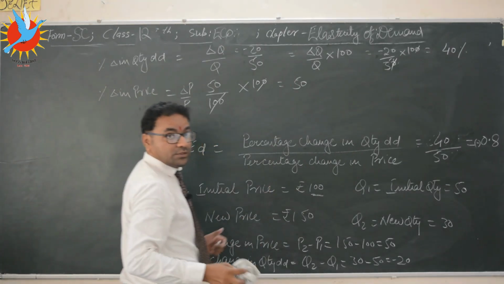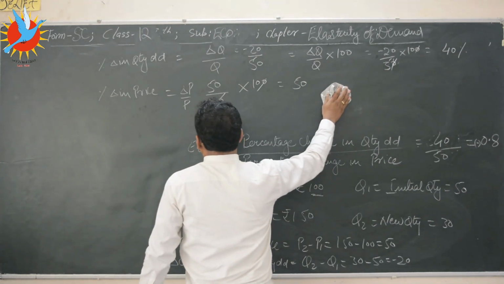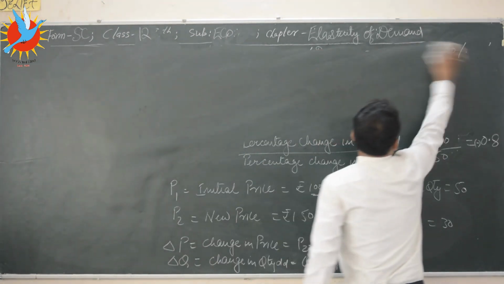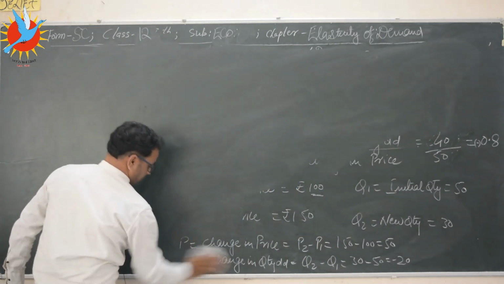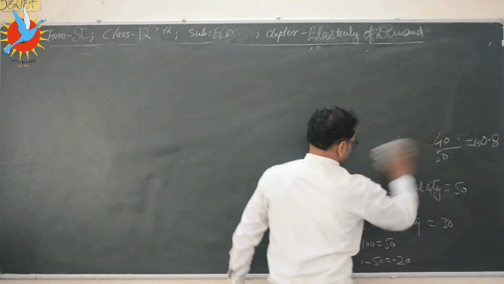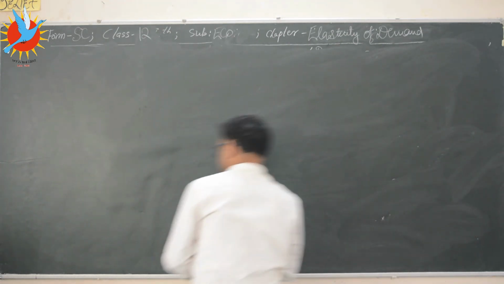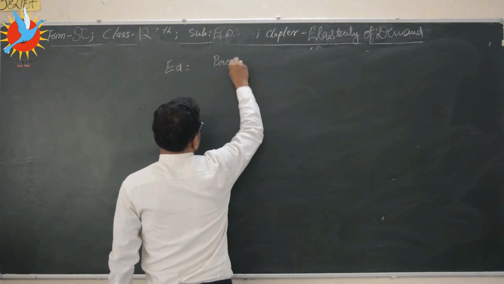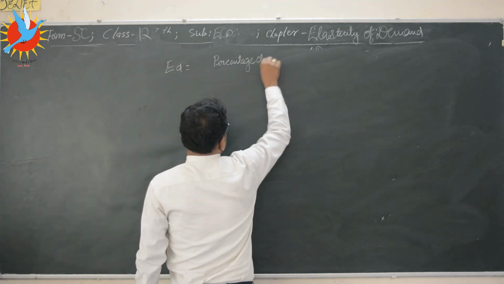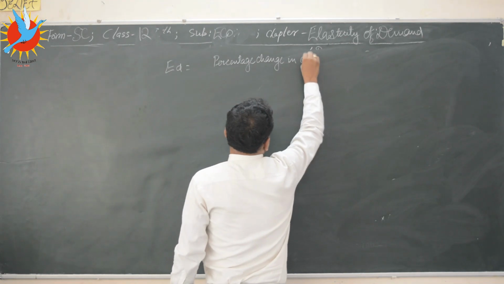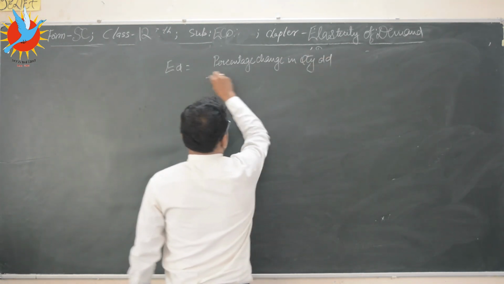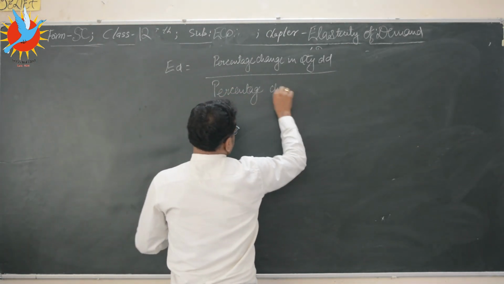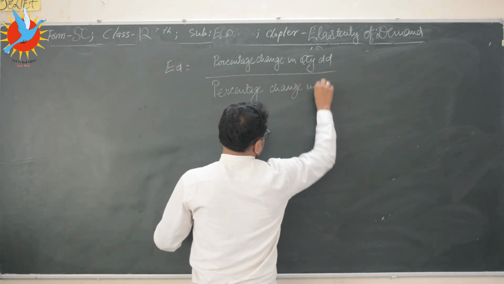This formula can be further simplified. Our formula can be written as percentage change in quantity demanded divided by percentage change in price.